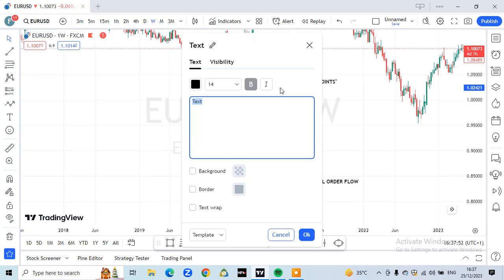Now, I won't be teaching too many things so as to avoid complexity. We have three major reference points. Number one, order blocks. I love to call them blocks. Then fair value gap.